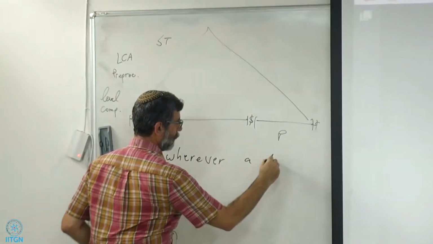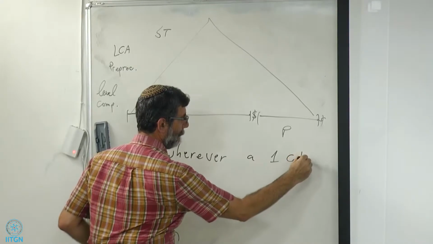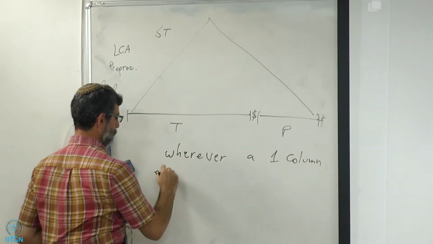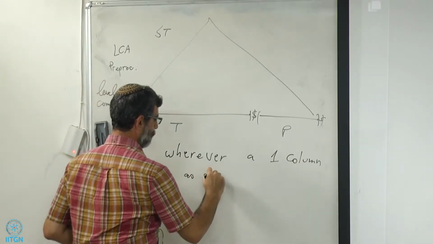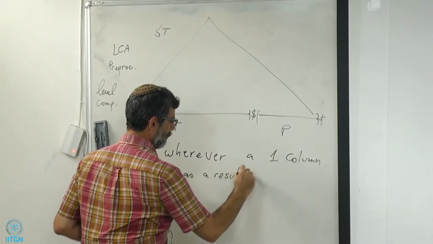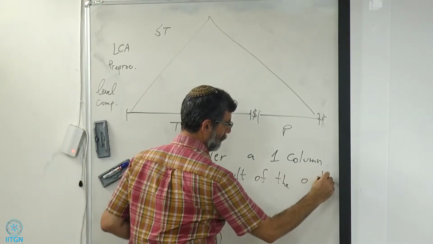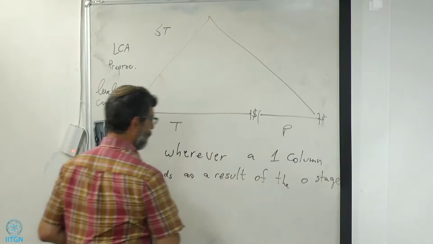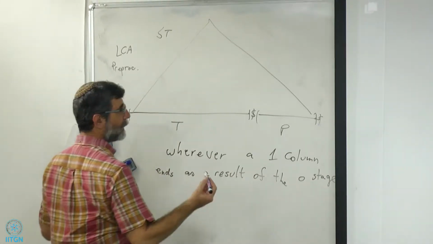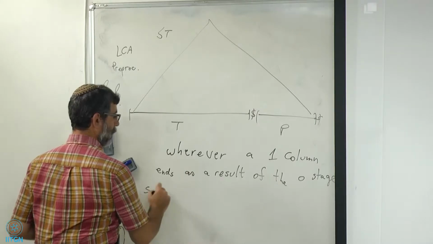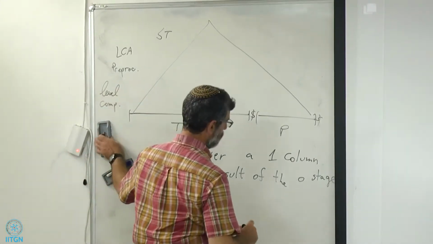So wherever a 1 column ends as a result of the 0 level, of the 0 stage, suppose it ended not a 1 column but a 1 diagonal.